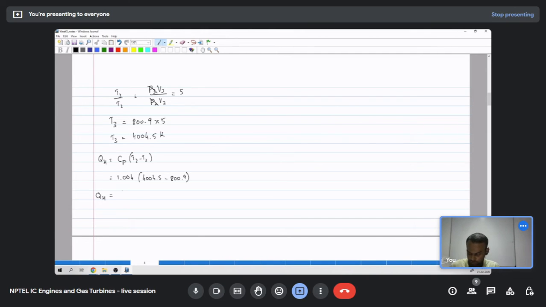So this is 3216 kilojoule per kilogram. So we didn't calculate or include the mass of the working fluid. So then we will be able to calculate the work done or heat transfer or heat added, heat rejected for 1 kg of the working fluid.